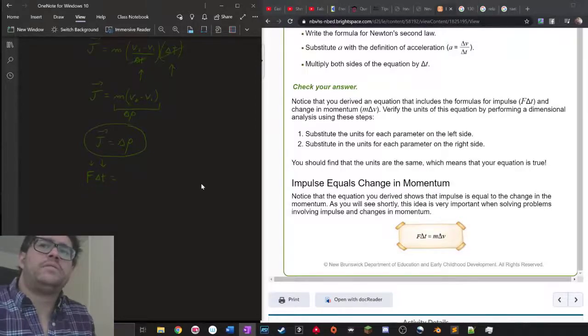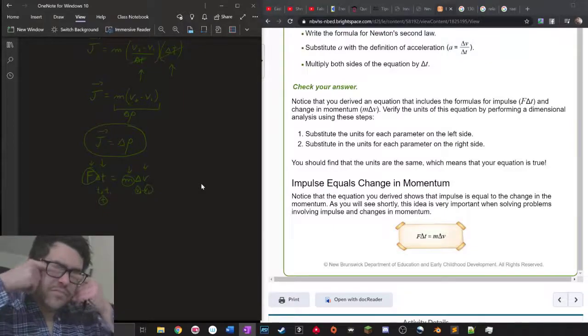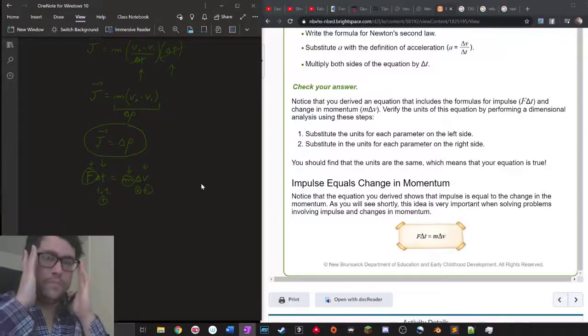Delta P is M delta V. So you have M and you have the differences. This is T2 minus T1, which you normally get as T. This is V2 minus V1, which you get both. So again, if you have T, V2, V1, M, F, you can talk about the object using that formula now.